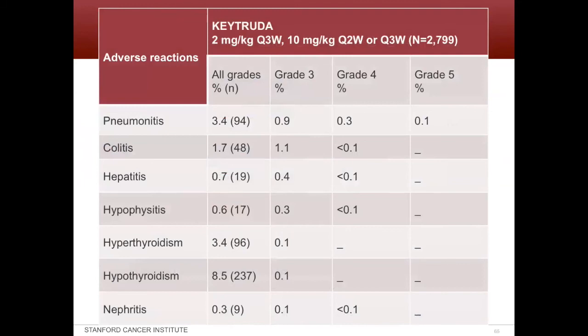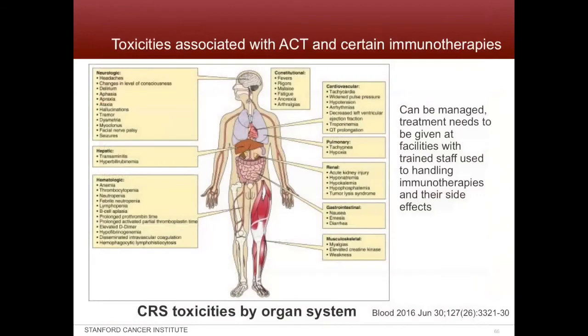And the side effects come from the immune system recognizing the rest of the cells, the other normal cells. And it can cause inflammation, like Dr. Chow was mentioning, the thyroid problems. It can cause inflammation in multiple organs. And that is where some of the issues come in on who can get the therapy, how long they can get it, and how you quickly recognize these symptoms and manage them so that these treatments remain tolerable.